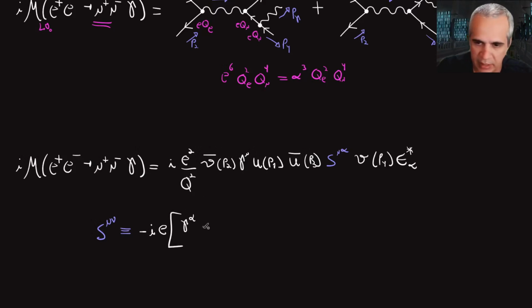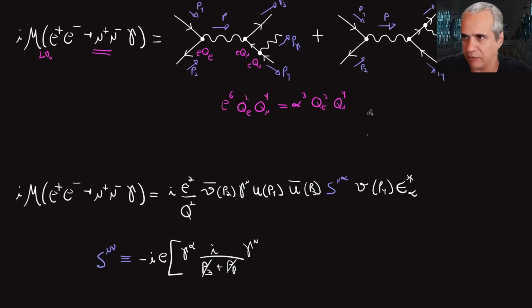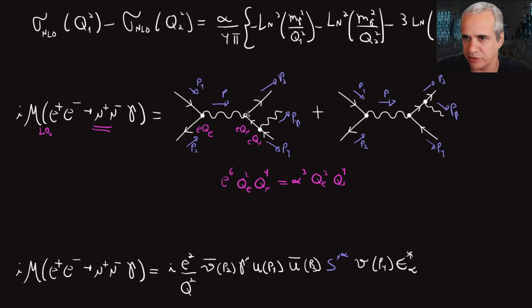This is gamma alpha i over P3 slash plus P gamma slash gamma mu. I have no mass here because, again, I'm taking the mass of the fermions to 0 in the ultra-relativistic limit. And I have to sum over the two diagrams, because there's two options here. There's this one and this one.